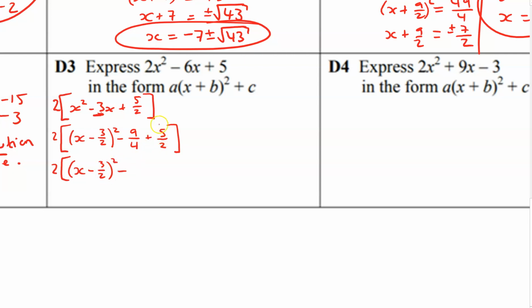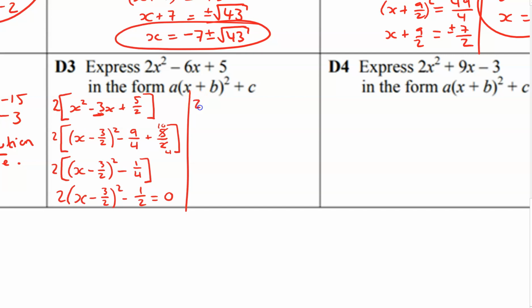Okay, so if I write that as 10 over 4, that now becomes 1 over 4. And get rid of the square brackets, everything gets multiplied by 2. Make it equal to 0 so we can solve it.